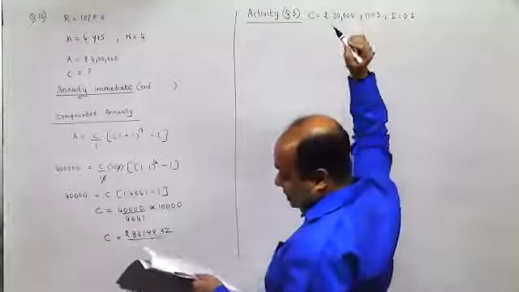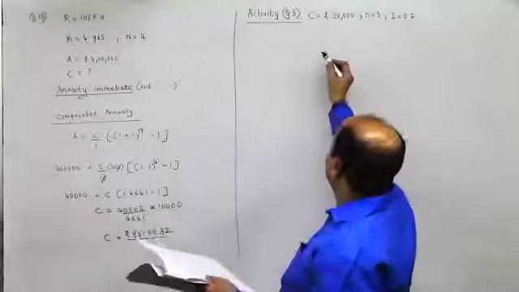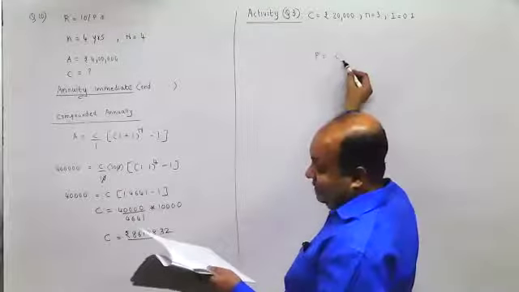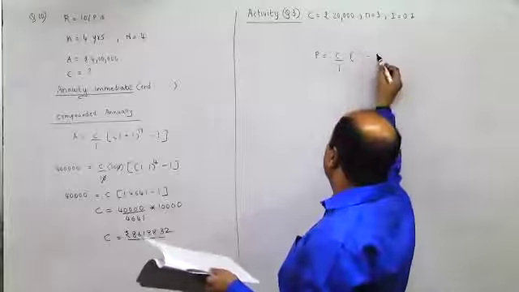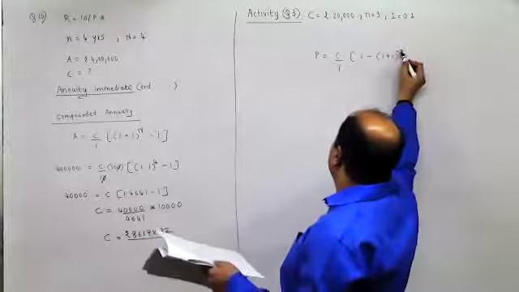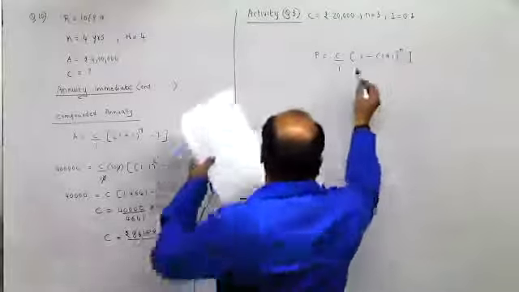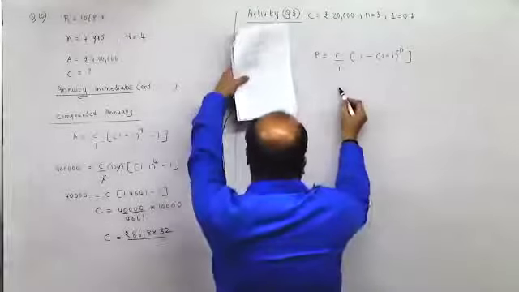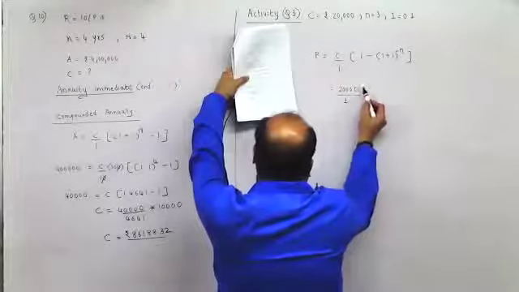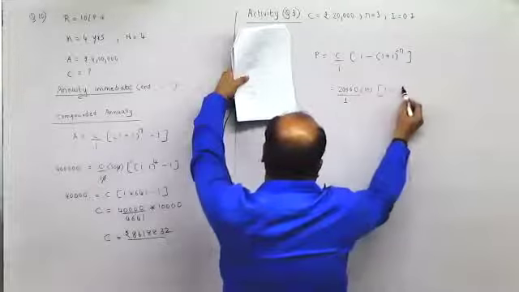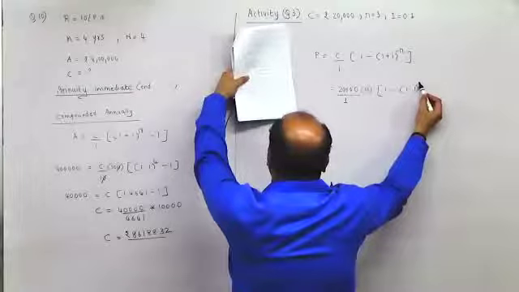So they have asked you what is P. Now P would be C upon I into 1 minus, they have considered this formula, (1 plus I) raised to minus N. Now they have given you I directly. So C, that is 20,000 upon I, that is 0.1. So I'll take 1 upon 10 here, 1 minus 1.1 raised to minus 3.